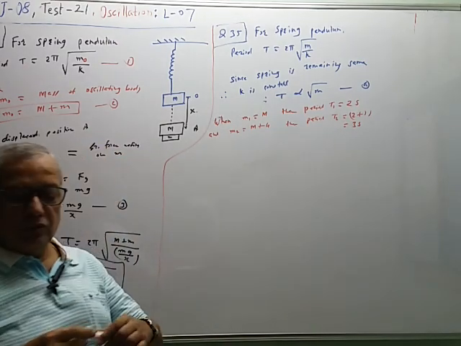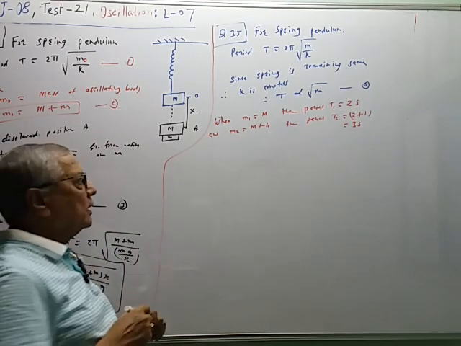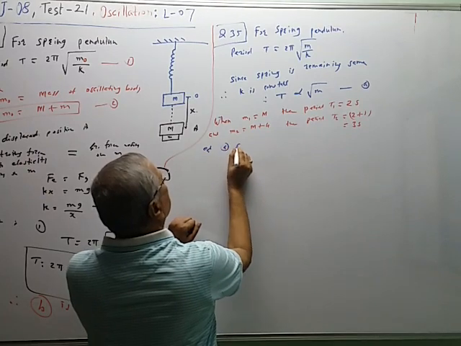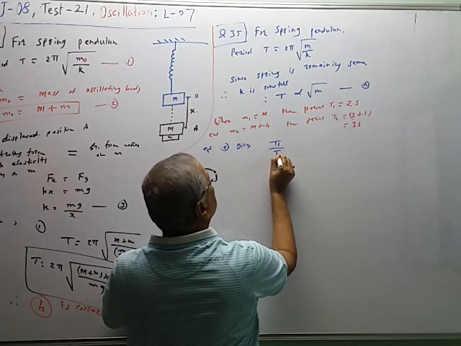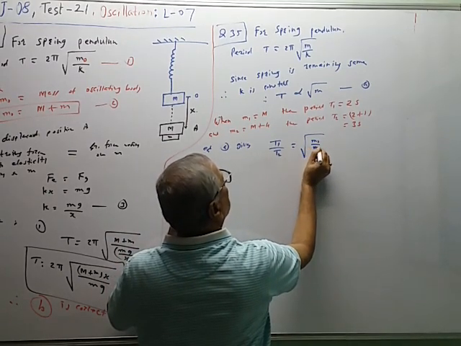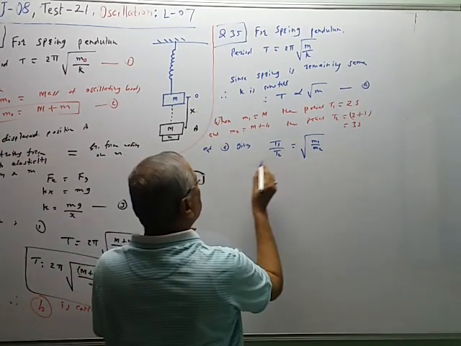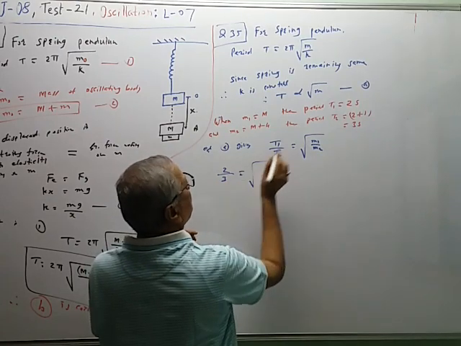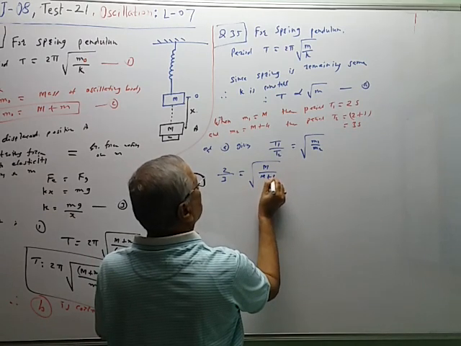So we have to find capital M. Therefore, equation A gives T1 upon T2 is equal to under root M1 upon M2, directly proportional to square root of M. So substitute the value. So 2 by 3 is equal to under root M1 is equal to M and this is equal to M plus 4.